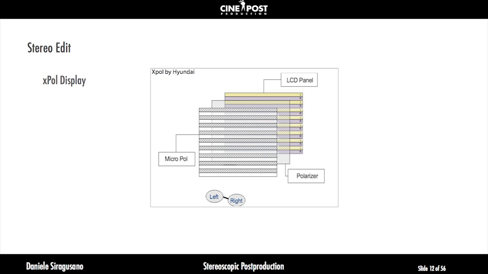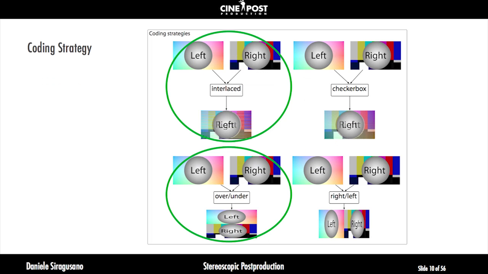They have polarizer onto the pixel rows, and they basically polarize the even lines, let's say left, and the odd lines right. So this panel is HD 1920 by 1080, but it displays each image just by the half of the vertical resolution. And if we go back, this is exactly the same as this interlaced format. So producing dailies in this kind of format is native to the display.